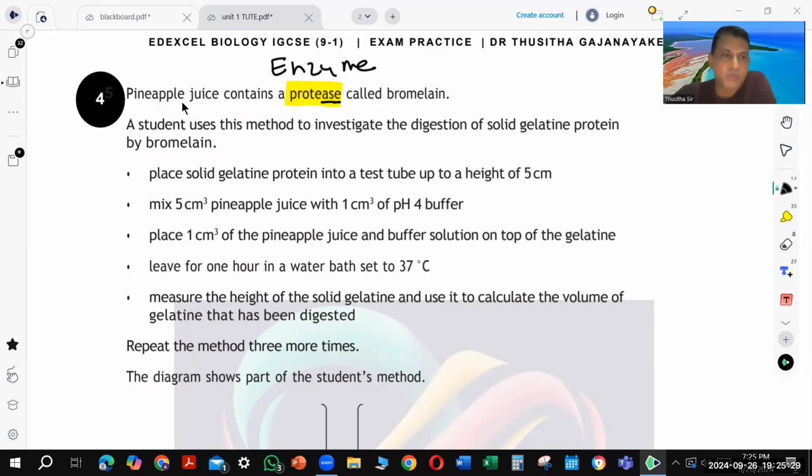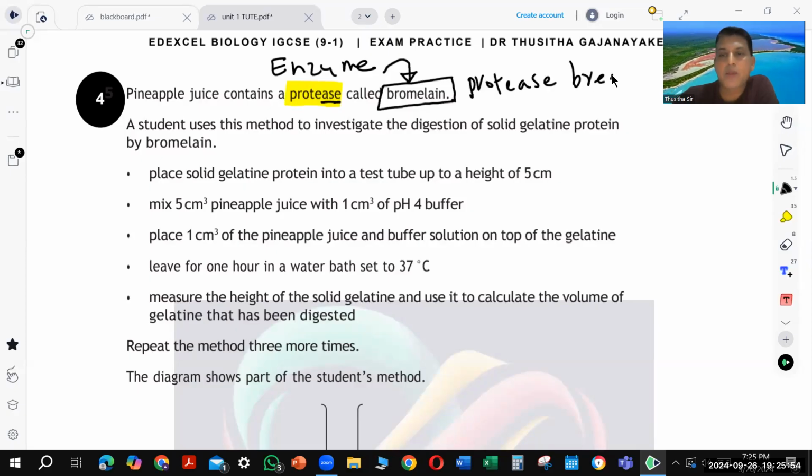So pineapple juice has an enzyme, and this enzyme is introduced to us as bromelain. Protease means it can break down proteins. So it is important to know protease breaks down proteins.